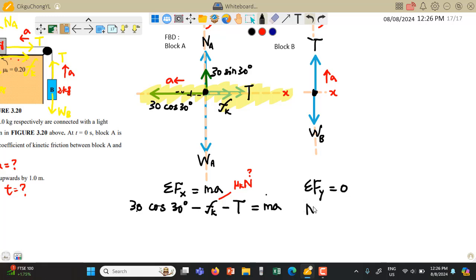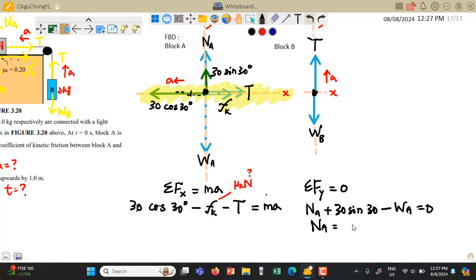So we are going to have Na plus 30 sine 30 minus the weight of A, which acts in the opposite direction, downward, equal to 0. So I put in the values. So Na will be, weight, I move it to the right side.